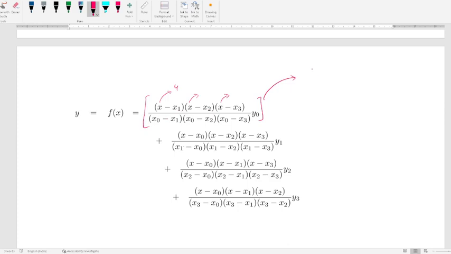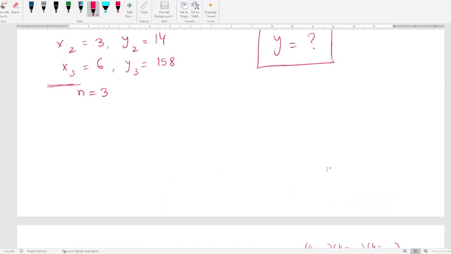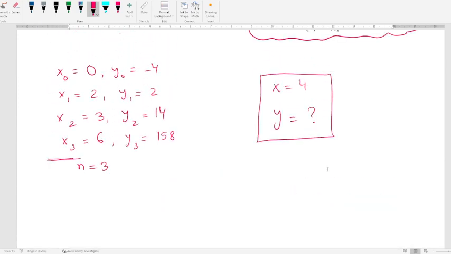The way I like to do it is I write 4 minus something, 4 minus, leave a space, 4 minus, leave a space, divided by. I'll come back to that later. And then x naught minus 1, x naught minus 2, x naught minus 3. Let's see, x naught is equal to 0, correct?